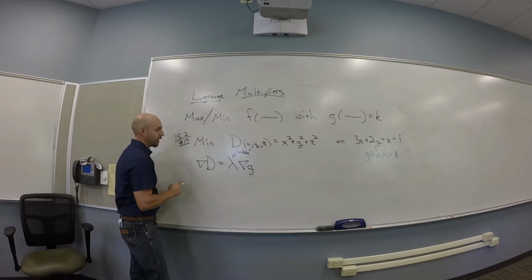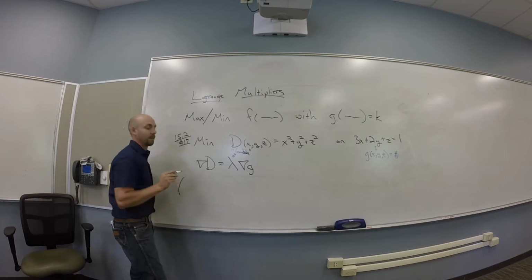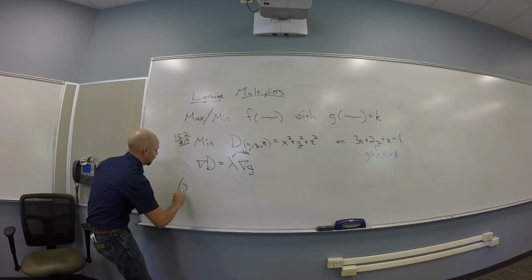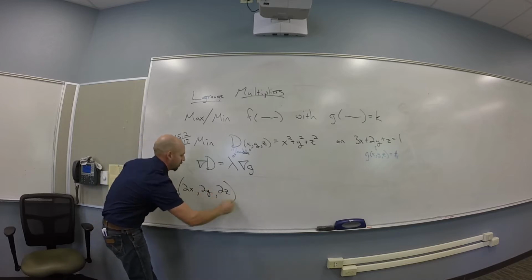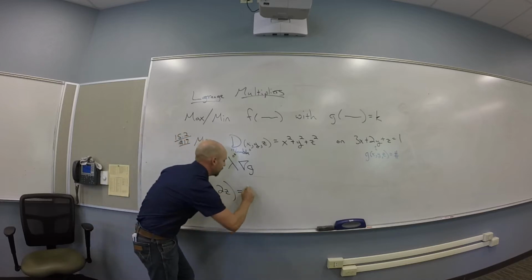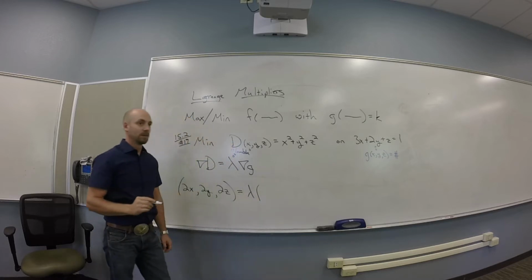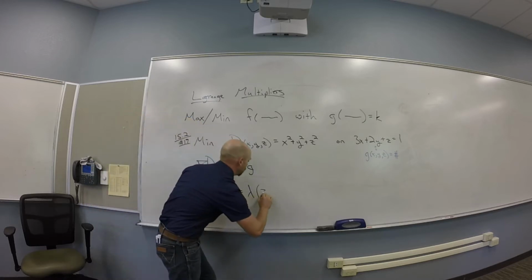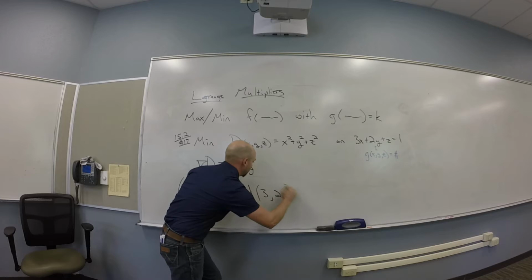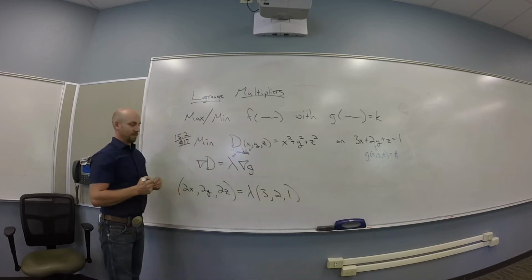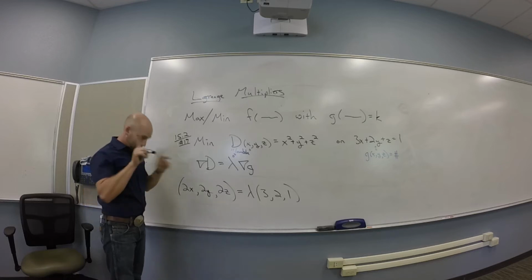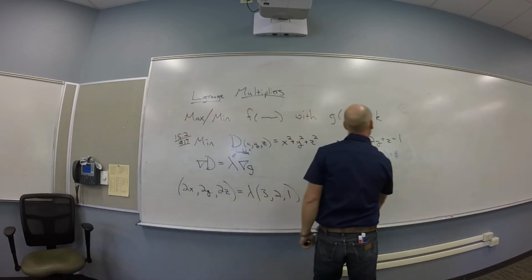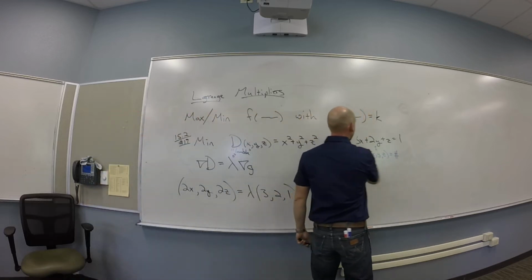So, what's your gradient of d? 2x, 2y, 2z. And this is equal to lambda times 3, 2, 1. Okay, so there is some creativity required for these, by the by.